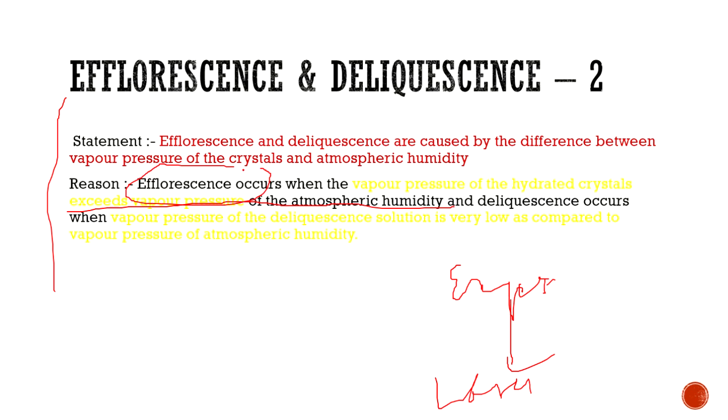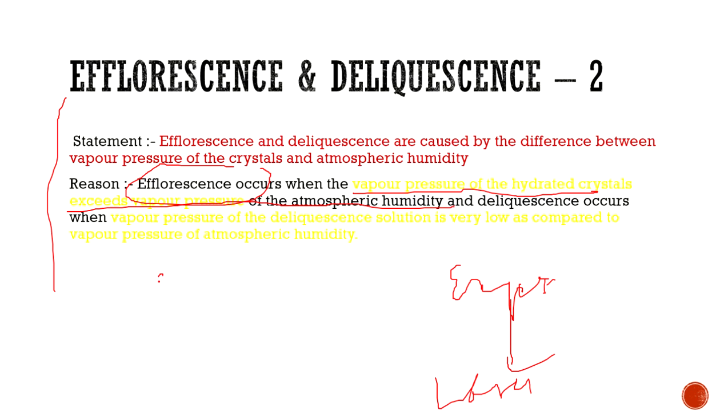Got it? What is efflorescence? When you keep a crystalline hydrated salt in air, it loses its moisture and changes into amorphous powder. It is because the vapor pressure of these salt hydrate crystals exceeds the vapor pressure of the atmosphere. Due to this, efflorescence happens. What about deliquescence?